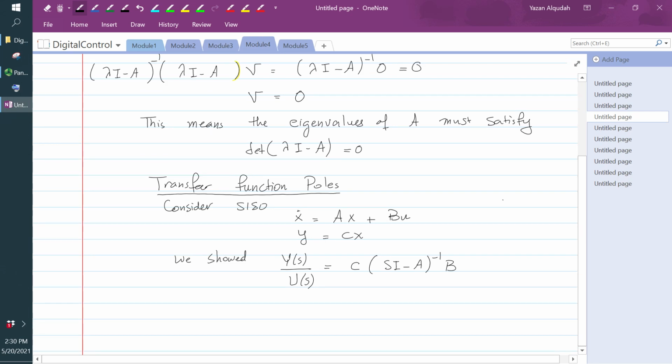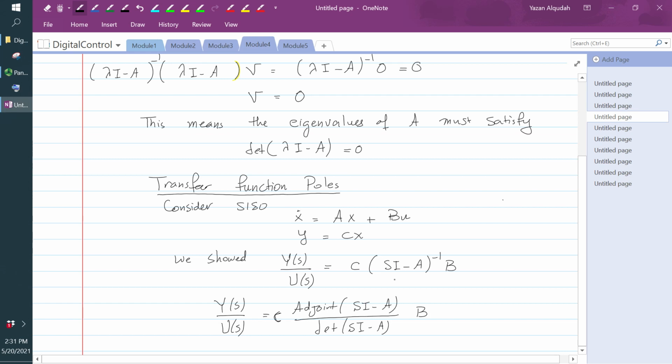Or equivalently, this is the same as saying y of s divided by u of s is equal to the adjoint of (sI minus A) divided by the determinant of (sI minus A), because I have a b here and I have a c here.